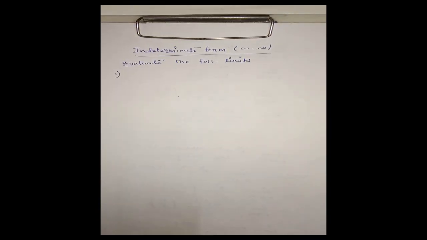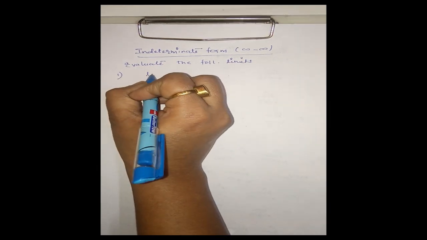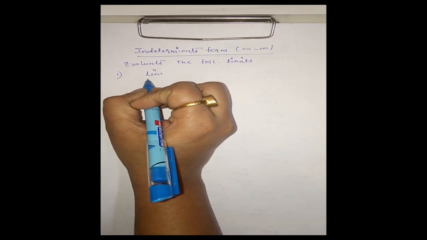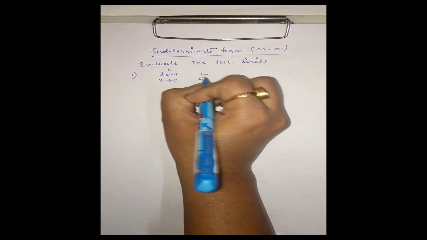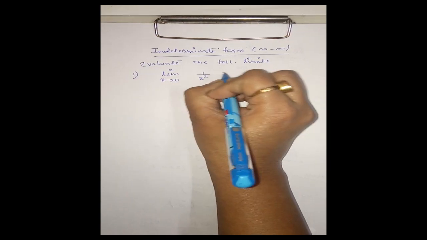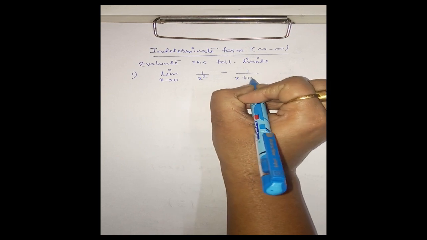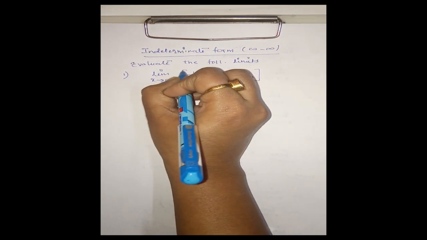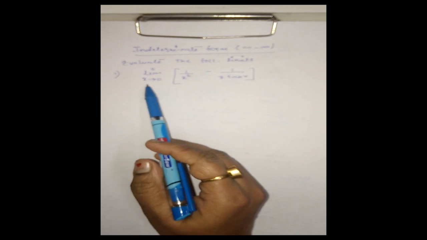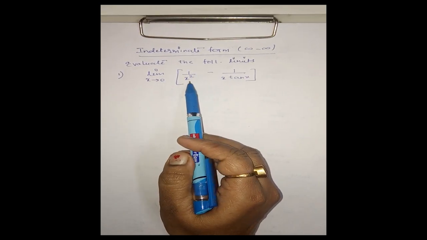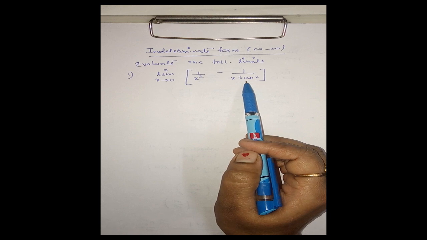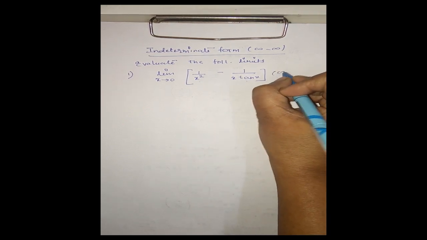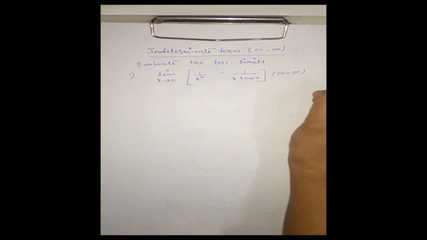First is limit x tending to 0, 1 by x square minus 1 upon x into tan x. Okay. Now taking limit as x tending to 0, this is 1 by 0, that is infinity. Here also 1 by 0, we have infinity. Okay. That means this is of the form infinity minus infinity.